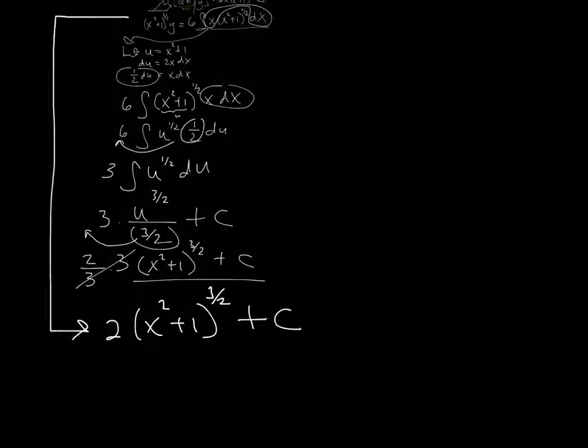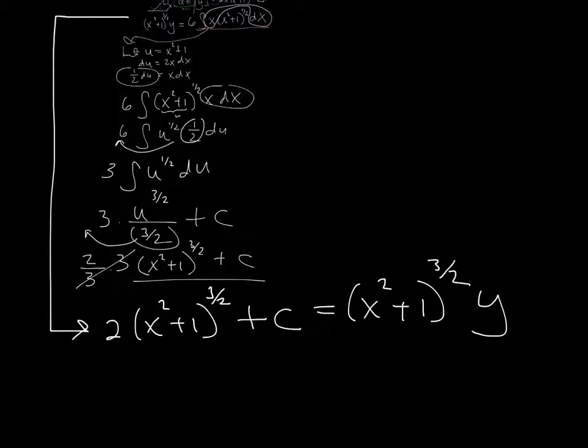I wrote it on the left-hand side, but that's the right-hand side, equals, and then we have our x squared plus 1 to the 3/2 times y. So again, it's the same thing, but let's see, in yellow. This guy is on the left, I just put it on the right. And then my integral, this guy that I integrated became this guy, which is now this guy.